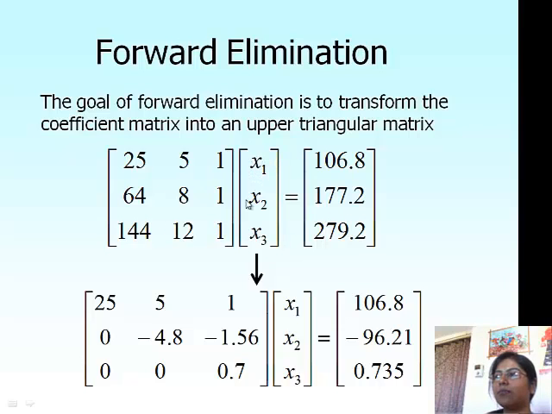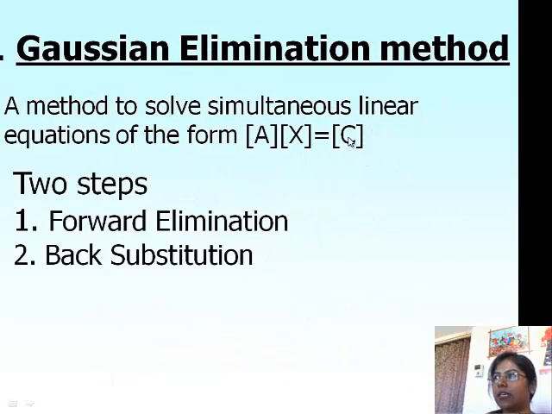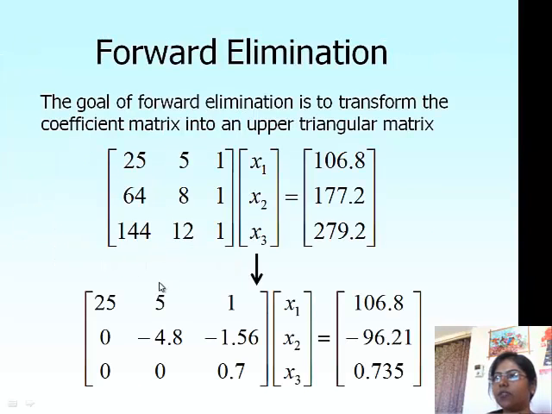Here is the matrix X, and here we can find the matrix C. Triangularization means that you can see a number of zeros here, in the form of a triangle. After a few steps of mathematics, we can obtain this triangularization.